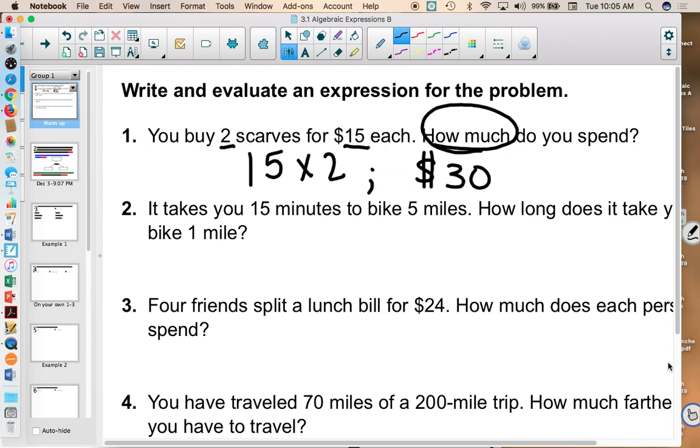Look at the second one. It takes 15 minutes to bike 5 miles. How long does it take you to bike 1 mile? Somebody come up here, and I want you to do our underlining and our circling. So, go underline the important figures and circle the question.